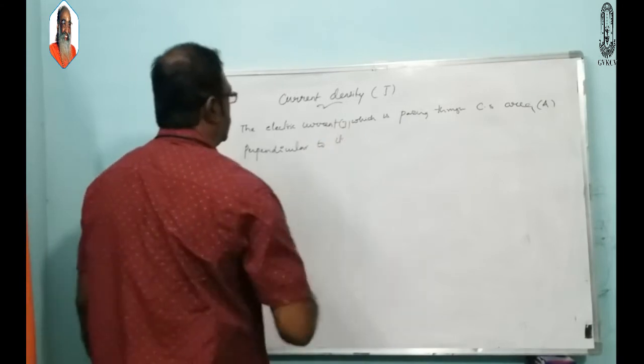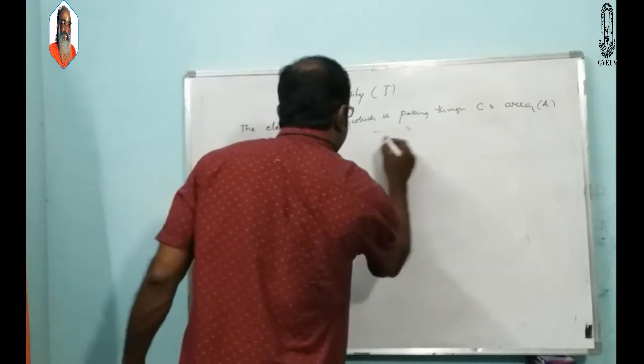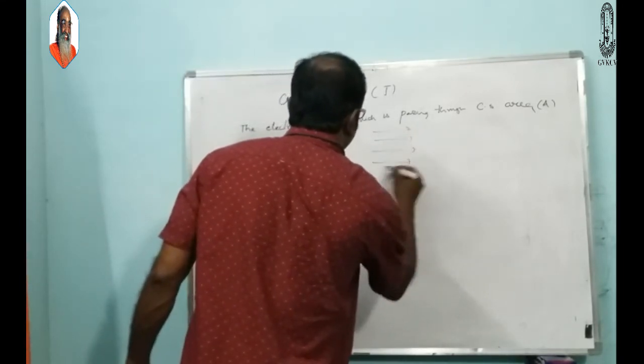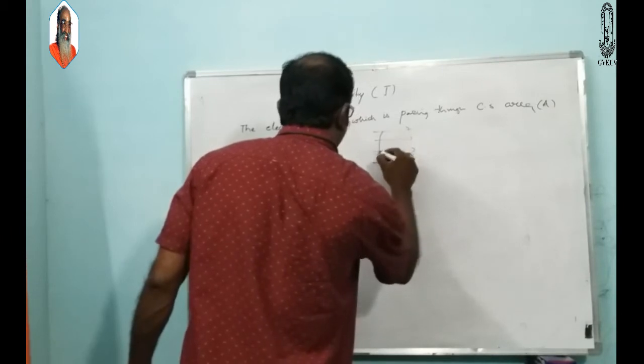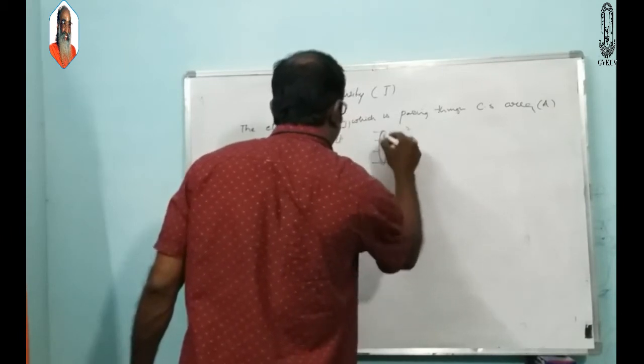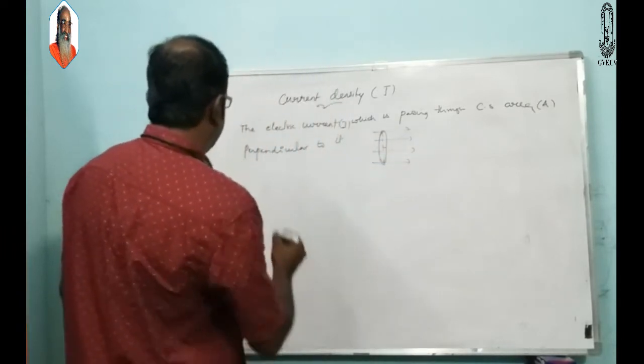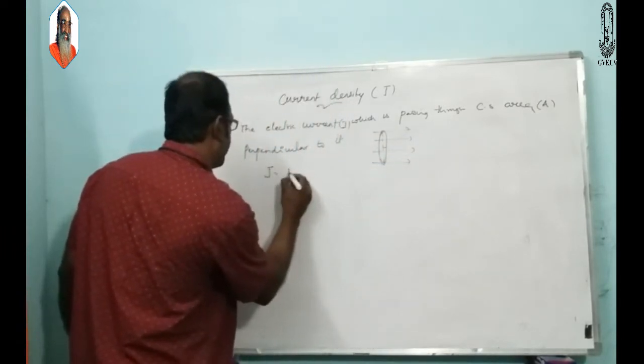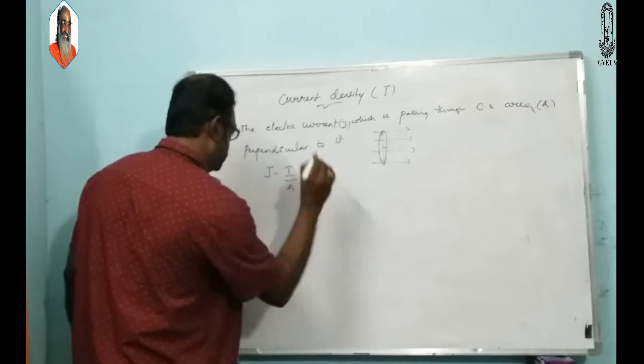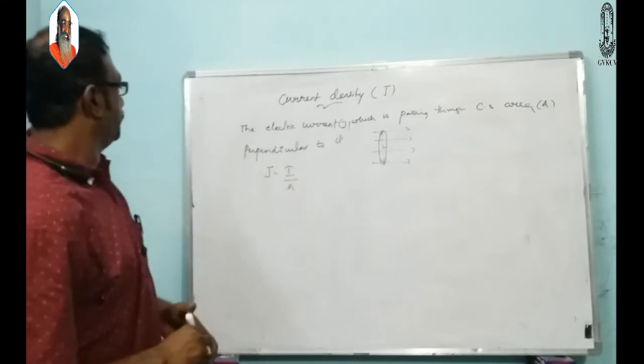That means if the current is in this direction, the area you are taking is perpendicular to it. Then J is given by I by A.